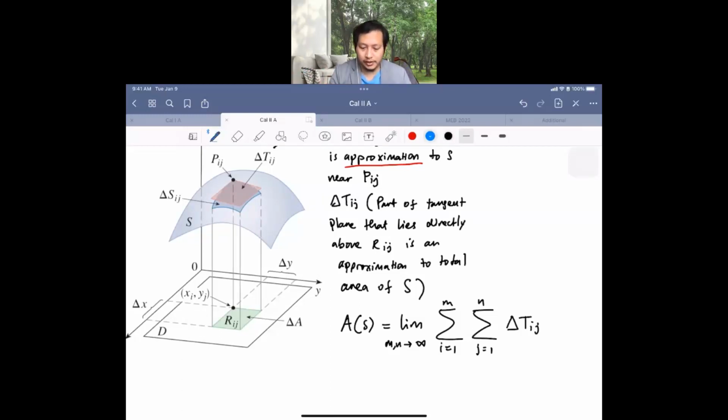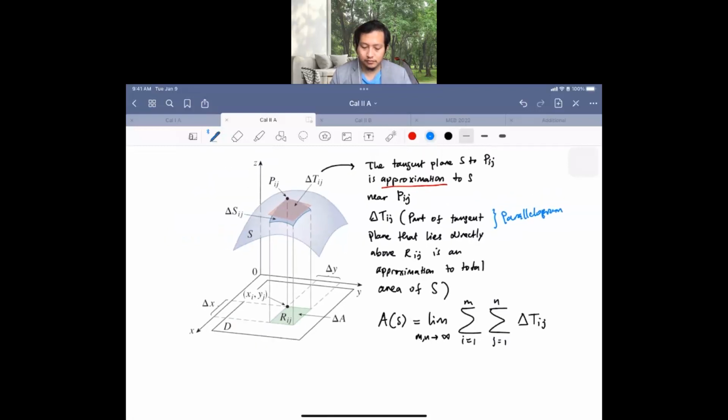We could also say that this is a parallelogram.